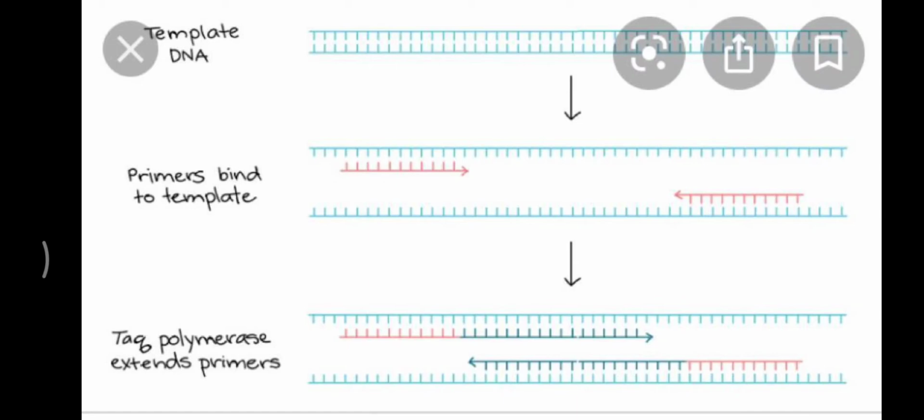So, here you can see initially there is a single DNA molecule, labeled as template DNA.